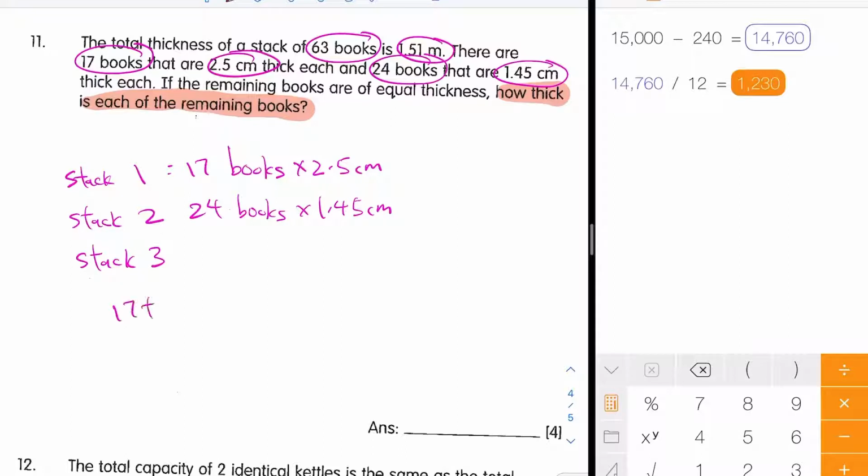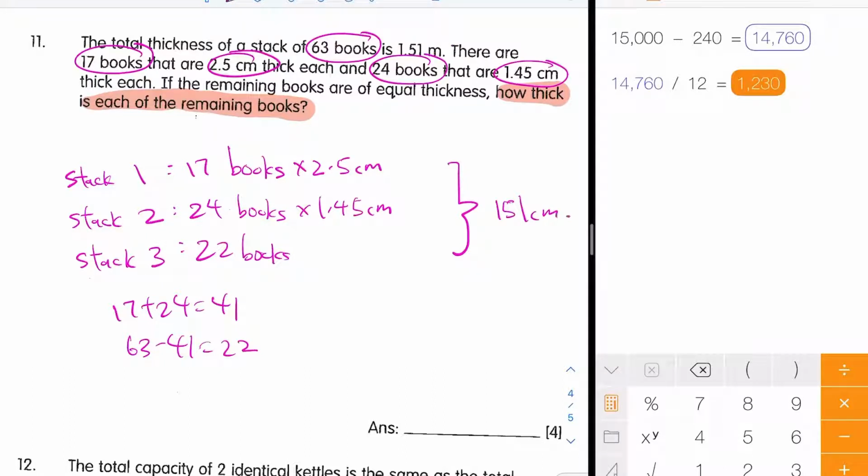So 17 plus 24 will give you 41. 63 minus 41 is 22. So for stack 3, we have 22 books, and altogether the whole stack is 151 cm. Okay, so let's see how high each of them is.